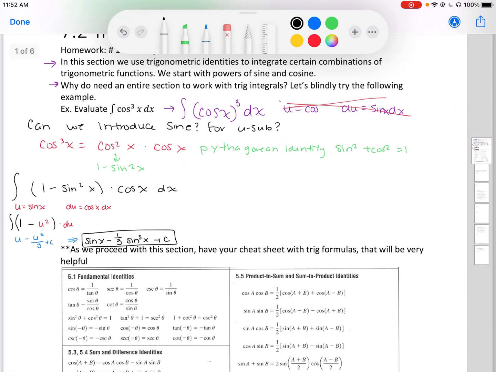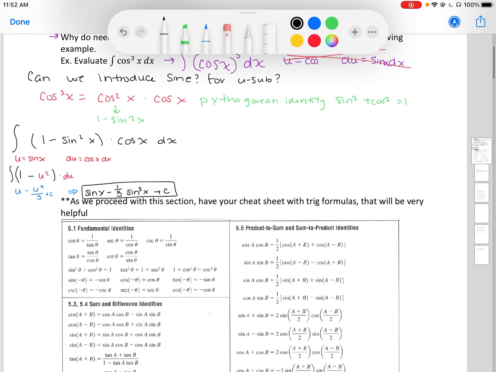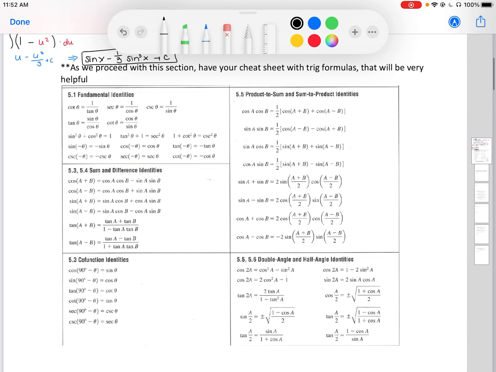So taking a look at our introductory example, we see that there's a lot more to these problems. Everything you need to know to move forward, you kind of already have under your belt. It's just a matter of knowing how to think to get through these problems. Now, as we proceed with this section, have your cheat sheet with trig formulas handy. That will be very helpful. And just in case you didn't go get them just yet, I have them here with you.